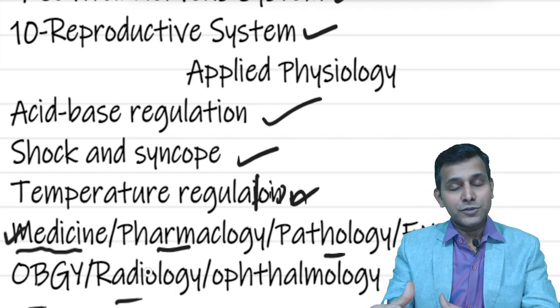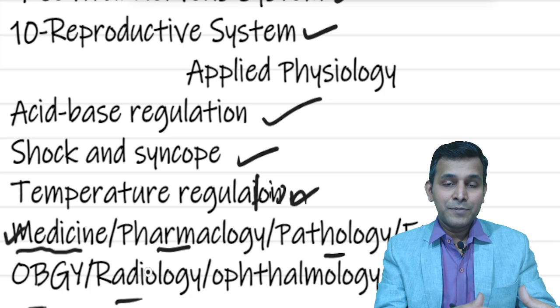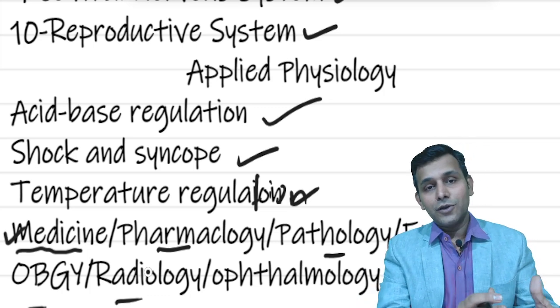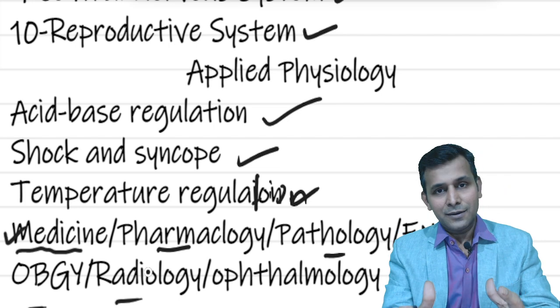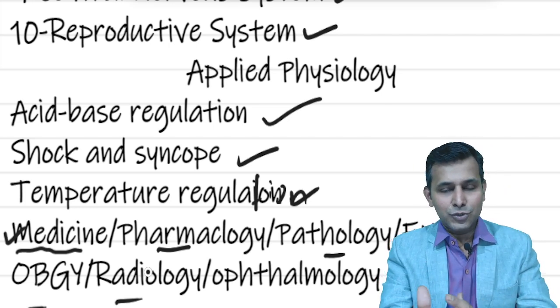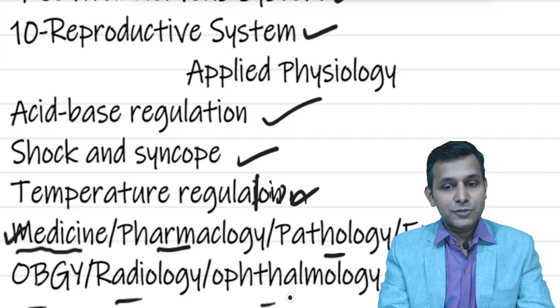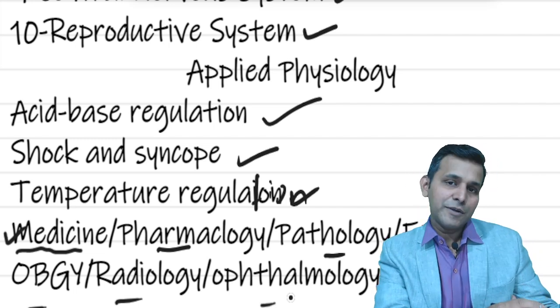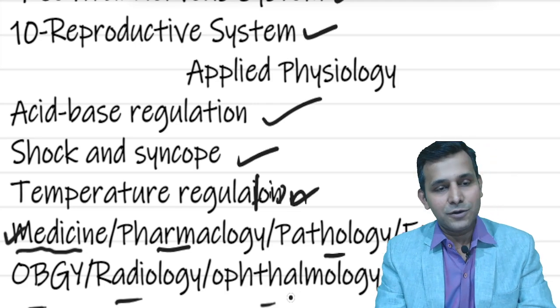Of course, radiology also involves a very good knowledge of anatomy, which is not part of the first year subjects. So a good understanding of physiology also gives a better approach towards radiology. Then of course ophthalmology is again a part of special senses in physiology, and this basic knowledge you can apply to the subject of ophthalmology.